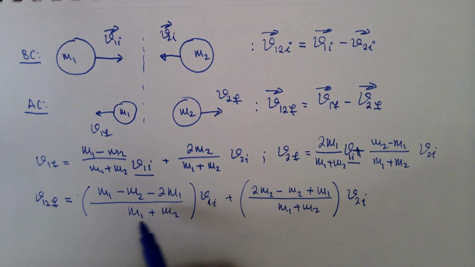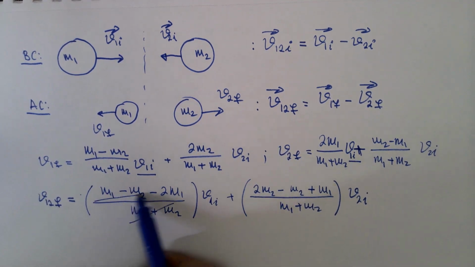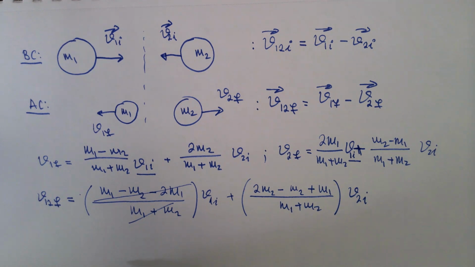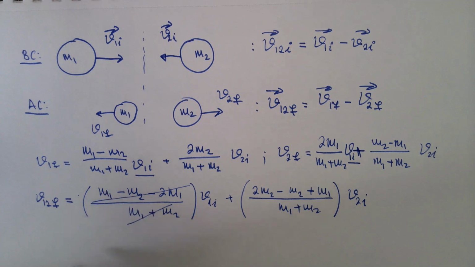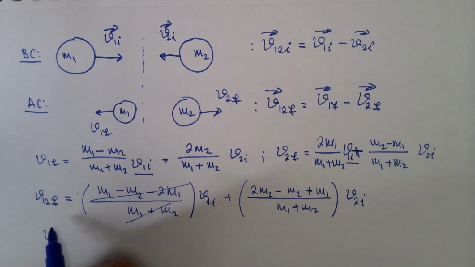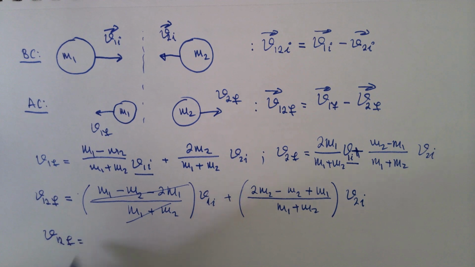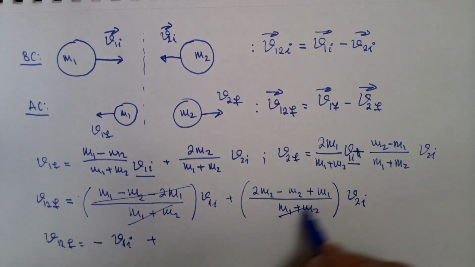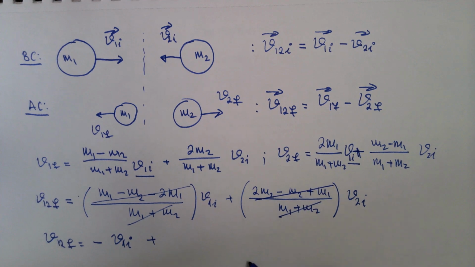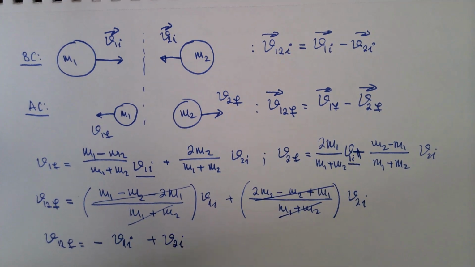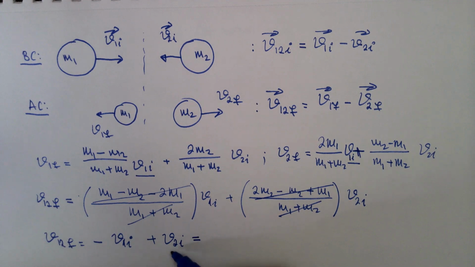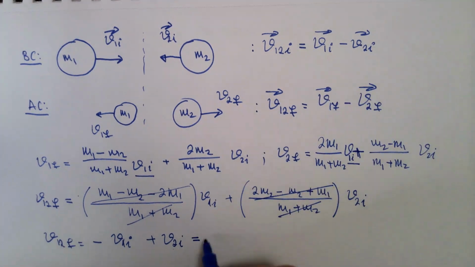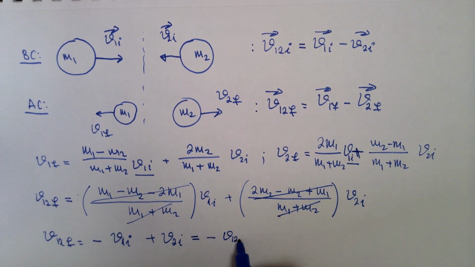But notice that this will cancel with this over here, because this will be m2 plus m1 with the negative sign in front. So what I'm saying, this will become v12 final is equal to negative 1 times v1 initial plus, similarly, this of course cancels with this, and we get v2 initial. But this over here is, you will notice, simply minus v12 initial.